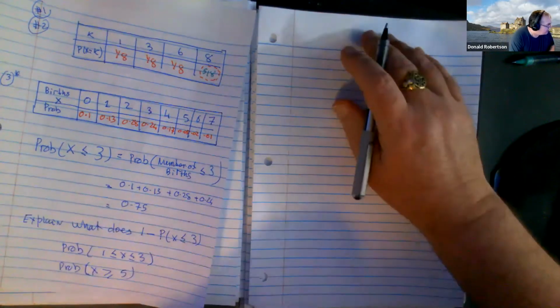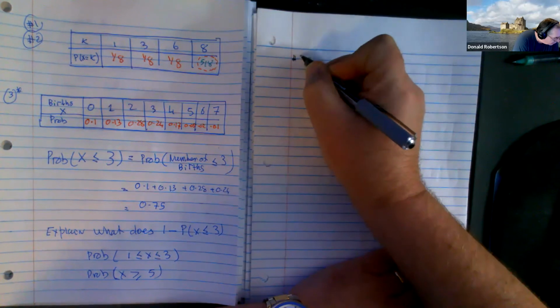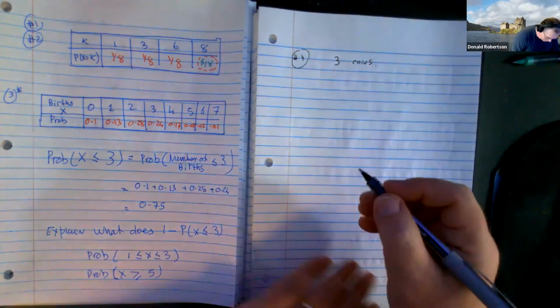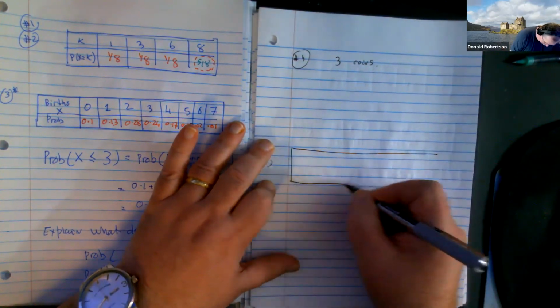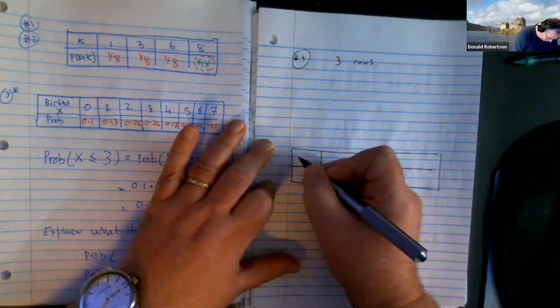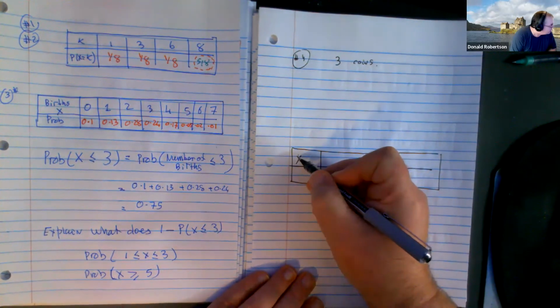Now the next one is about, well, it's basically question 4. And we are going to do 3 coins, and we are going to build a probability distribution for X. Let's get these right.